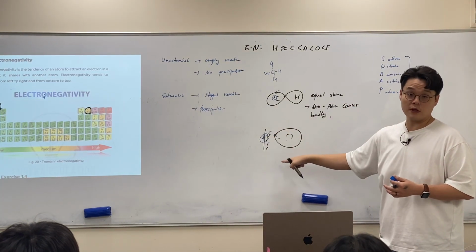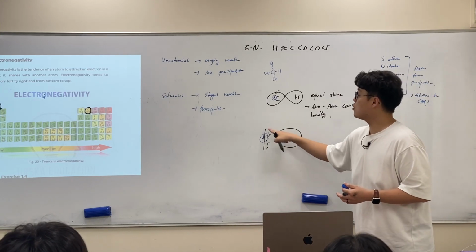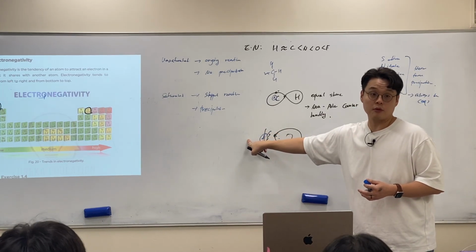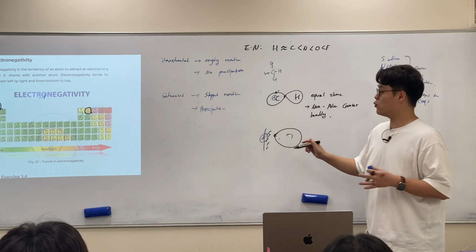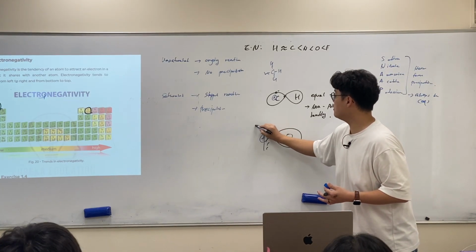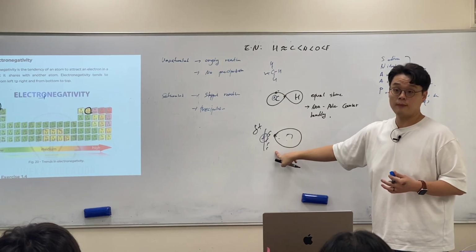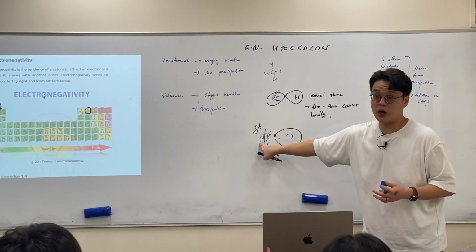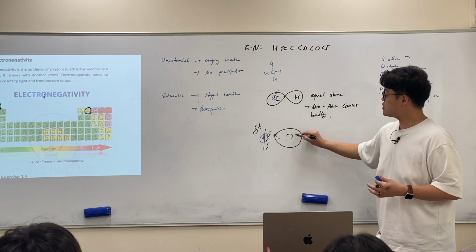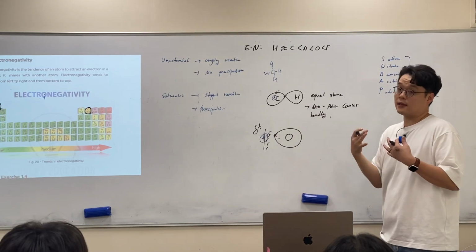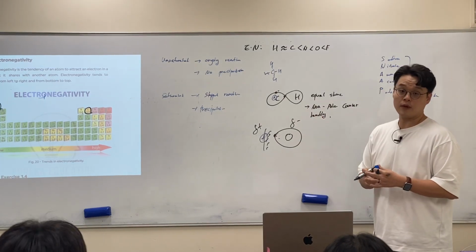But as the electron will not go to the other side of the proton, it will never get neutralized. This is what I mean by partially positive, because it's not a full positive, but you see the partial charges there. The oxygen side, as it gains the electron, will be partially negative.